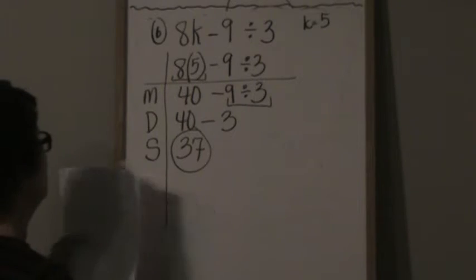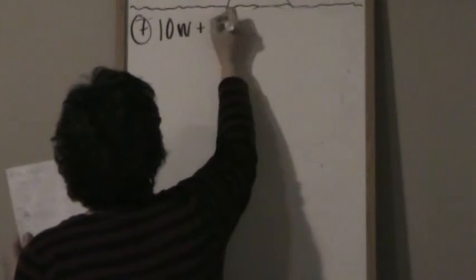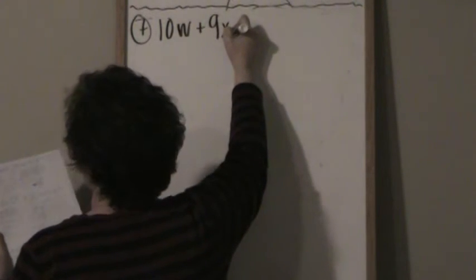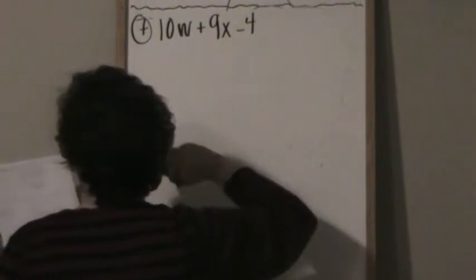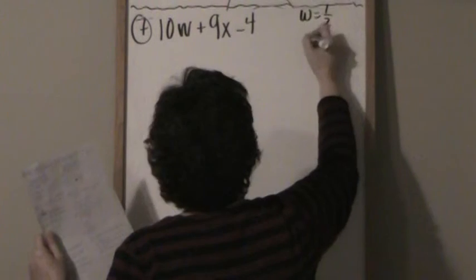Okay. Number 7 has got some fractions in it, but we'll work through it. 10W, this is number 7, plus 9x minus 4, if W is 1/2 and x is 2.